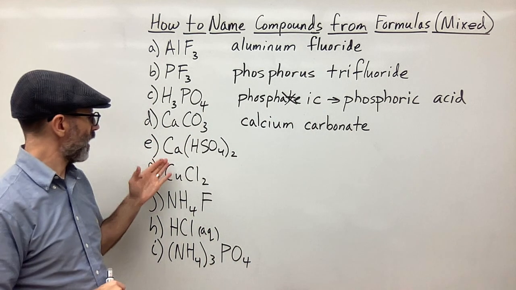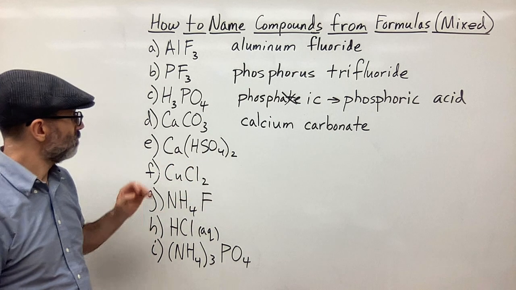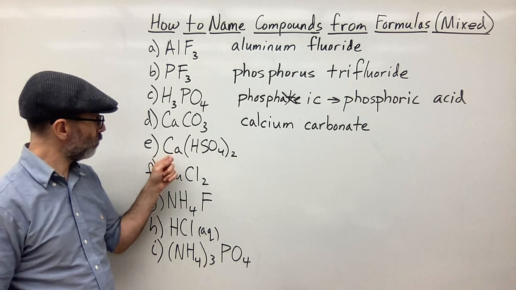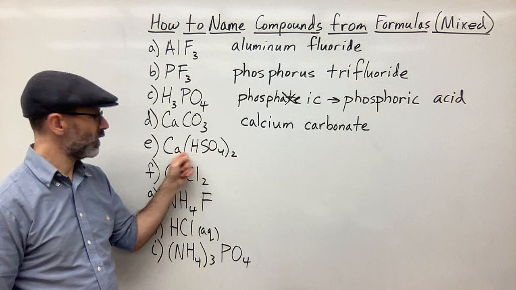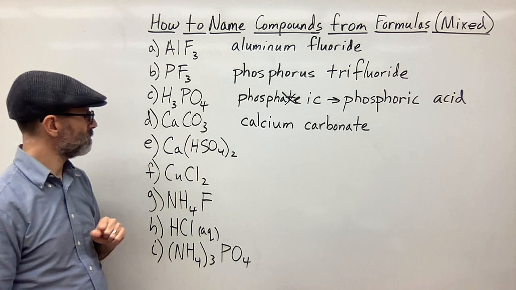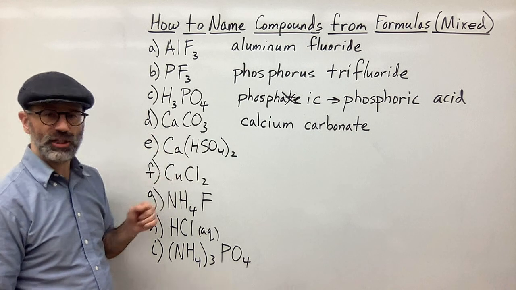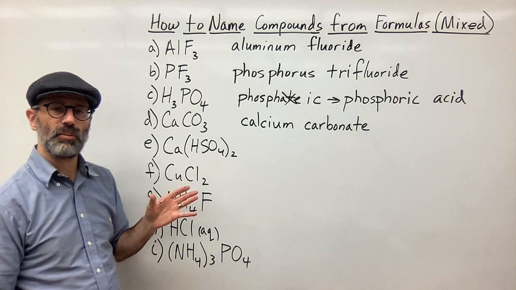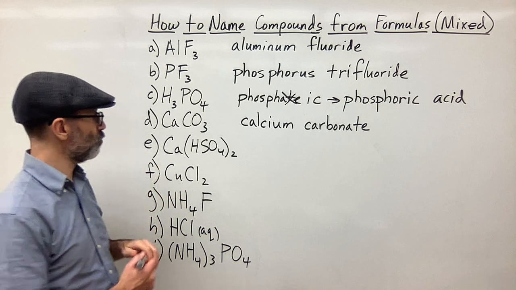Next, E, we have Ca(HSO4)2. And so again, we have calcium, metal, these are non-metals. So this is ionic again. So we have an ionic substance. And calcium is not a transition element, so it's only going to have one charge. So we don't have to worry about a Roman numeral.